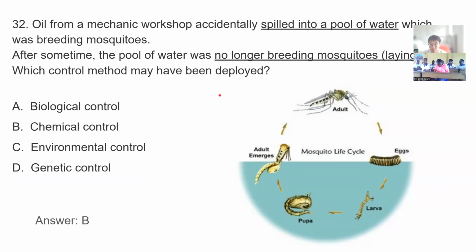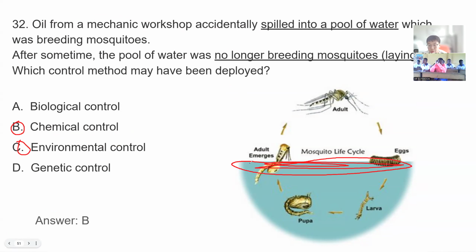So if we go back to this question, oil spilling can actually be both chemical control and maybe also environmental control. Because if you said environmental control, it would also kind of be correct. Because you are removing the mosquito habitats, where mosquitoes can lay eggs, by covering in oil.